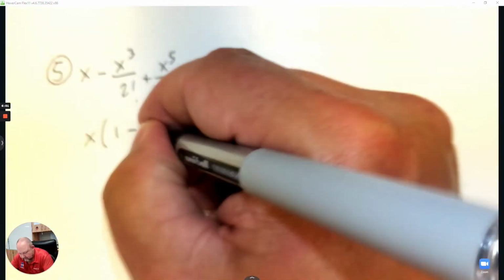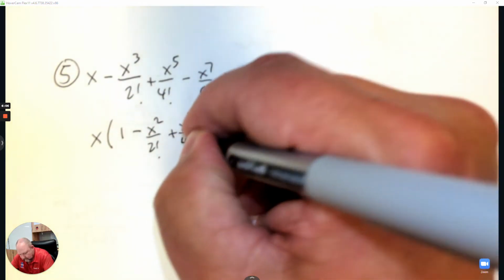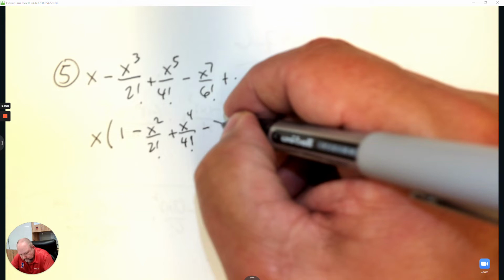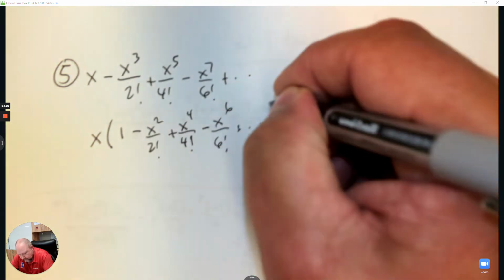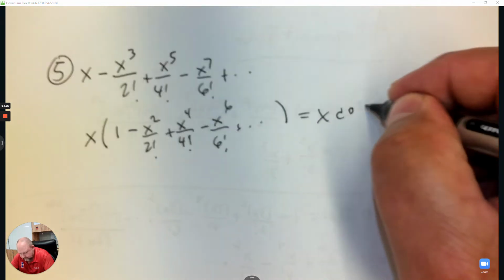So if I factor out an x, I can make it match. So that means this is equal to x times cosine x.